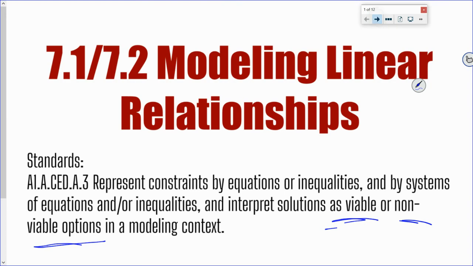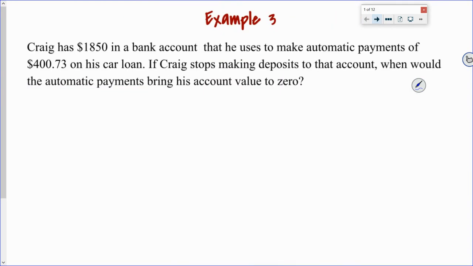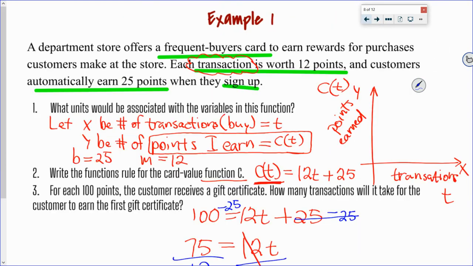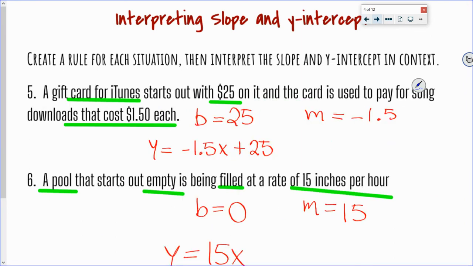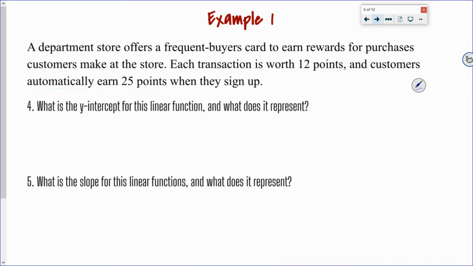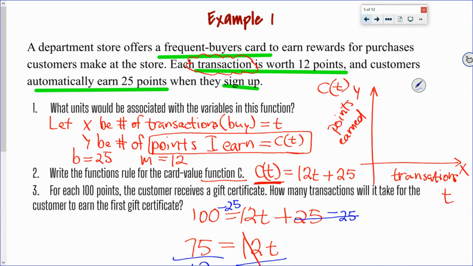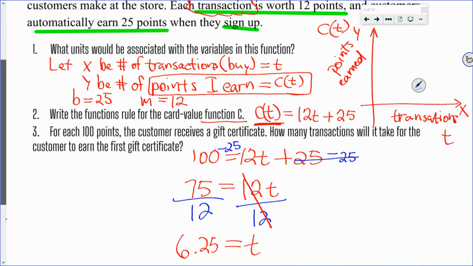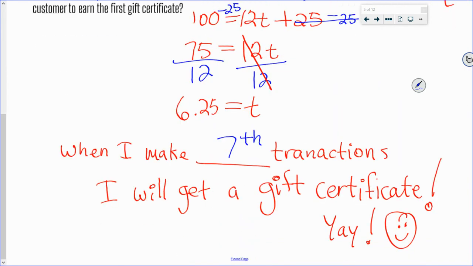So what I've done here is I've looked at this solution. Whoa, went too far. And I have determined that in my solution, the 6.25 that I found, well, it's a correct answer mathematically, but it's not a viable solution.